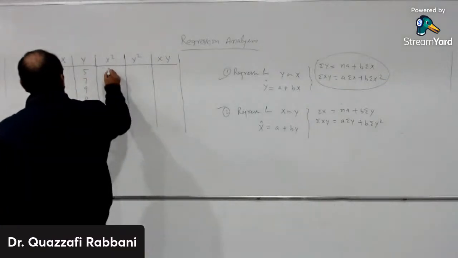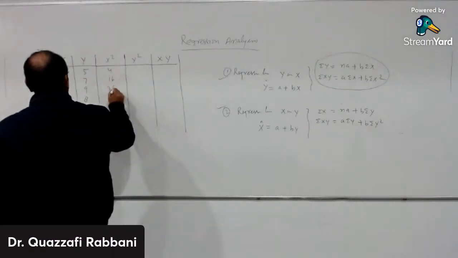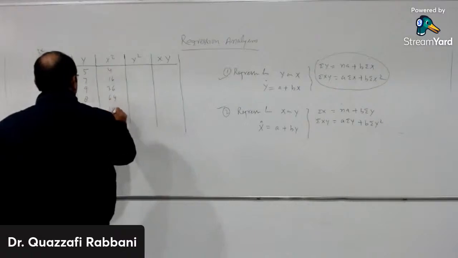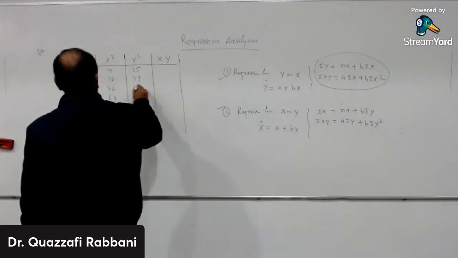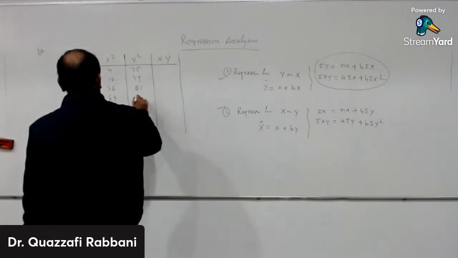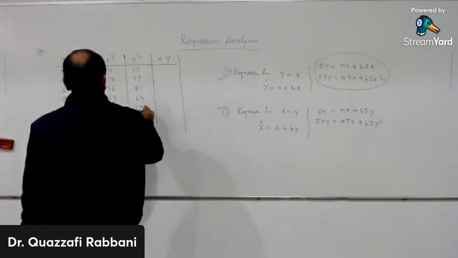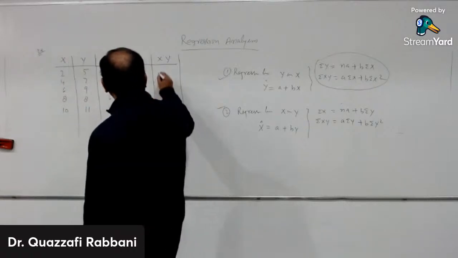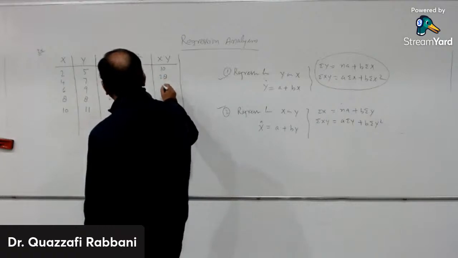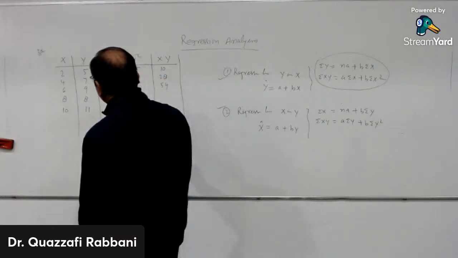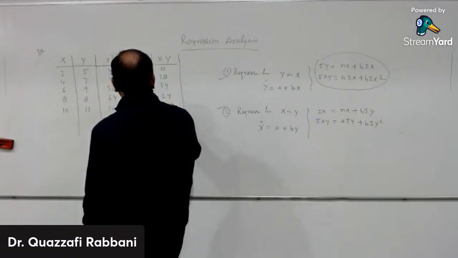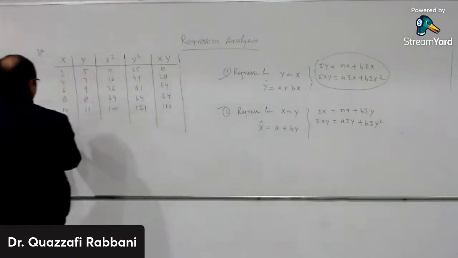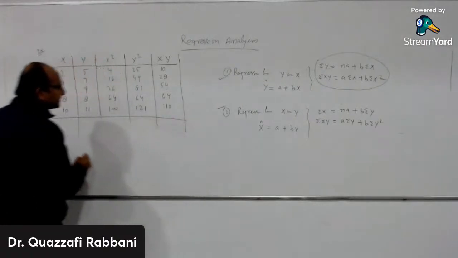Now x square is 4, 16, 36, 64, and 100. Y square will be 25, 49, 81, 64, and 121. Now xy is equal to 10, 28, 54, 64, and 110. Now take the summation of these.